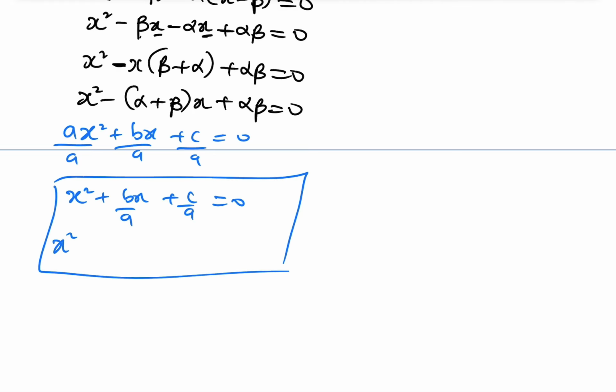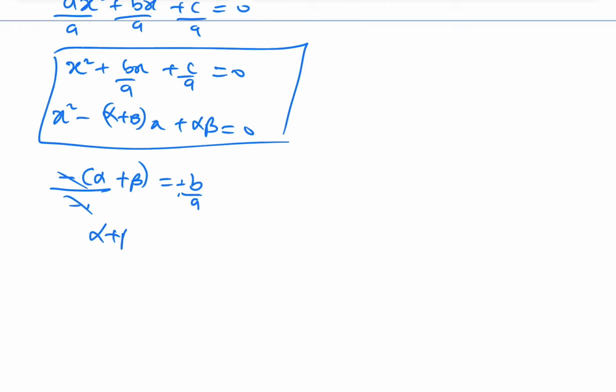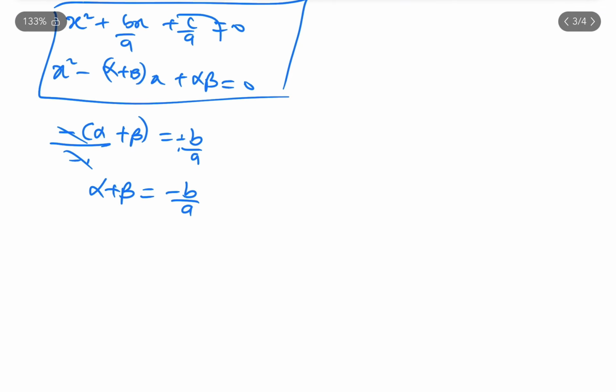We have x squared minus alpha plus beta x plus alpha beta equals 0. If you equate this, you discover that minus alpha plus beta equals b over a. So if you divide both sides by minus 1, alpha plus beta becomes minus b over a. And if you compare these two parts also, you discover that alpha beta equals c over a.